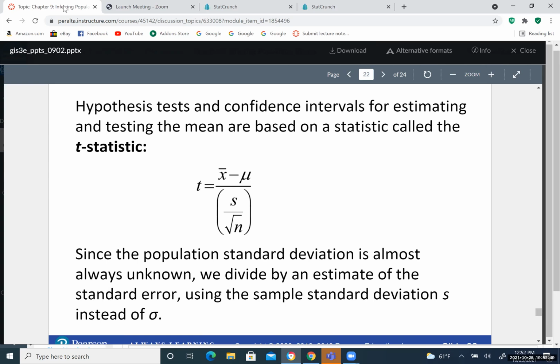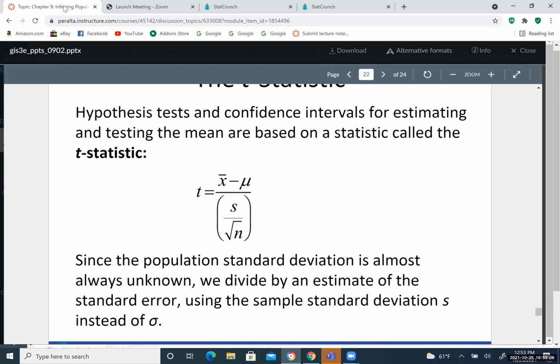Since the population standard deviation is almost always unknown, they will provide you the sample size and the sample standard deviation s.